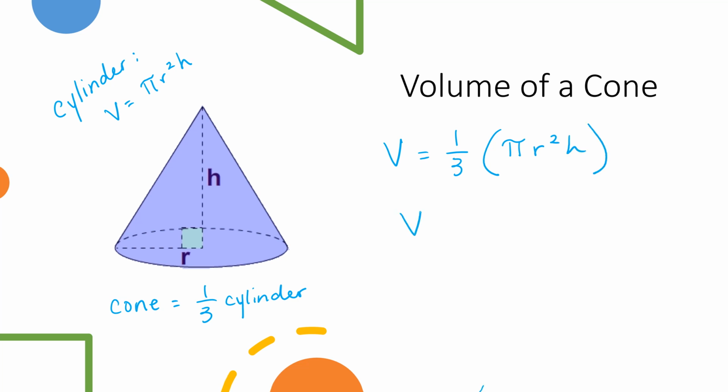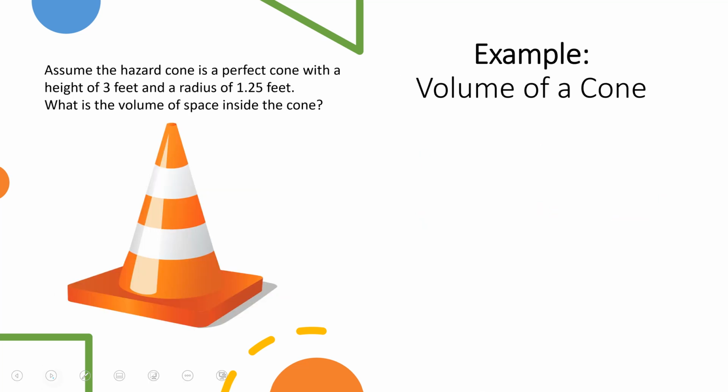So we can say that the volume of a cone is V equals 1/3 pi r squared h, or we could write it all over a common denominator. We could multiply 1 times pi r squared h and put all of that over 3. So these are equivalent, and therefore we have the formula for volume of a cone, V equals pi r squared h divided by 3.